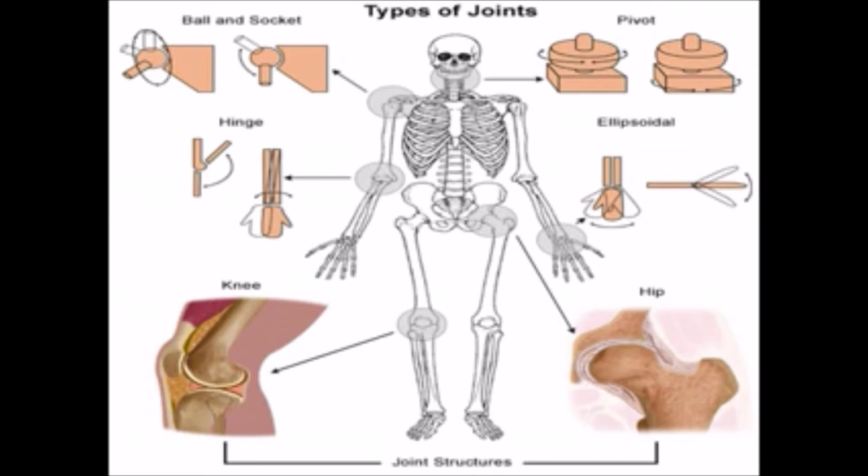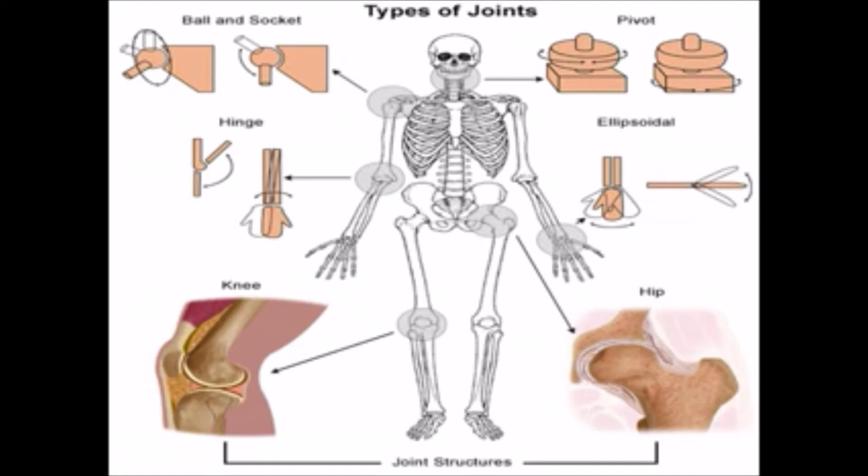You can look at this picture where you find different types of joints and a joint structure. Just see the knee and hip joint structures. Where the arm is attached to the shoulder, you have a ball and socket joint.